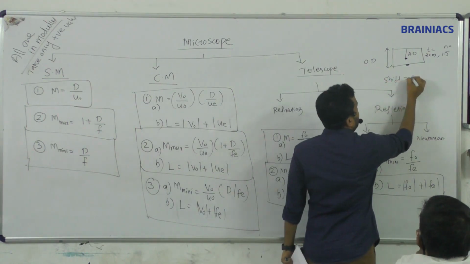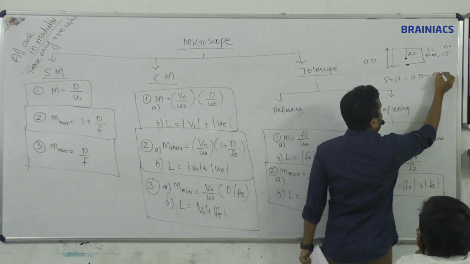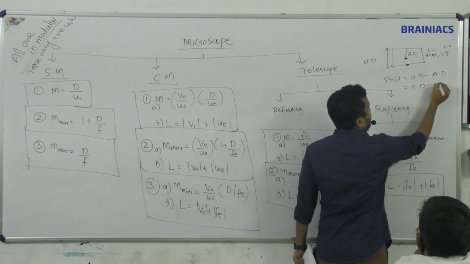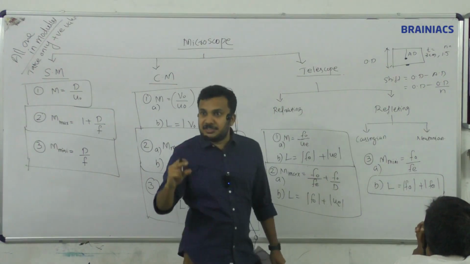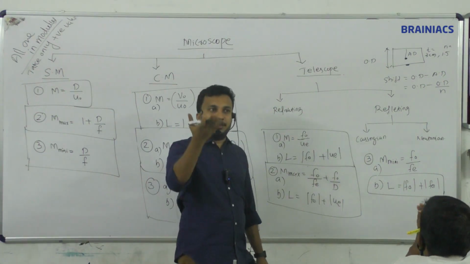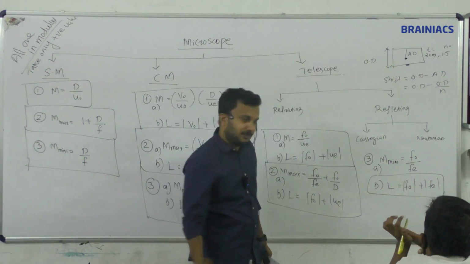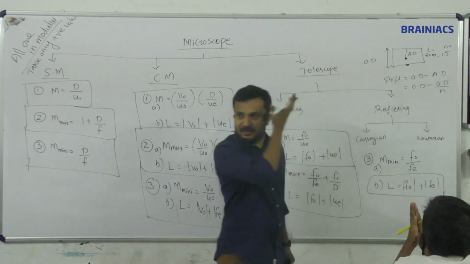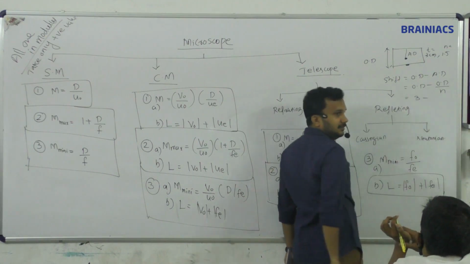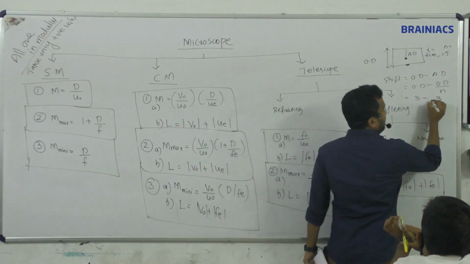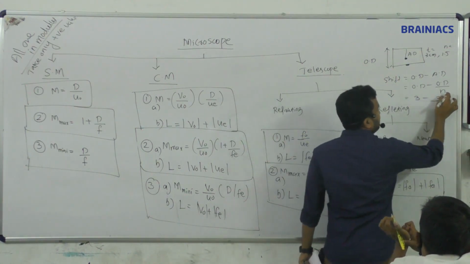Shift is equal to original depth minus apparent depth, which is original depth minus original depth divided by refractive index. Find that shift. If the shift is positive, it is upward; if negative, downward. The shift is always on the up side, positive. So what is the original depth? 3 cm minus 3 cm divided by refractive index 1.5.